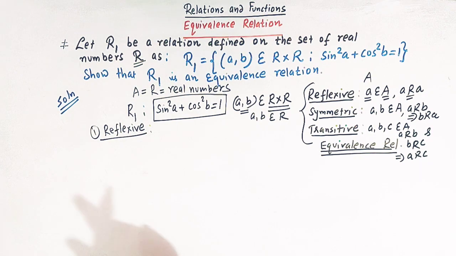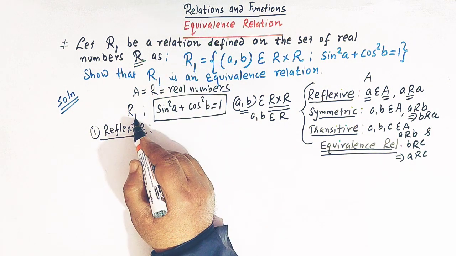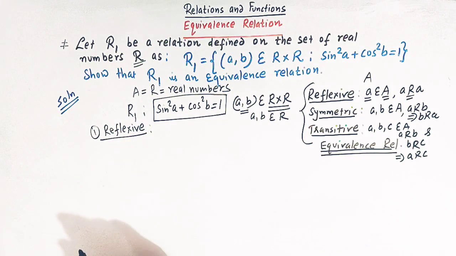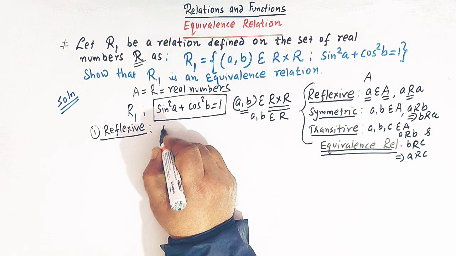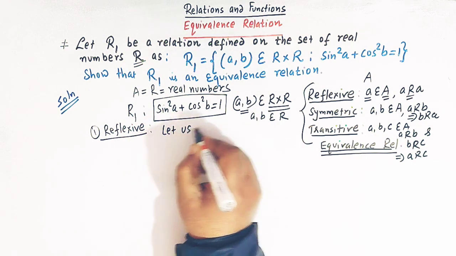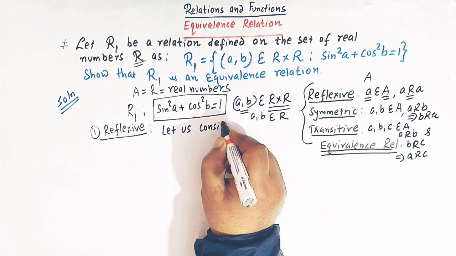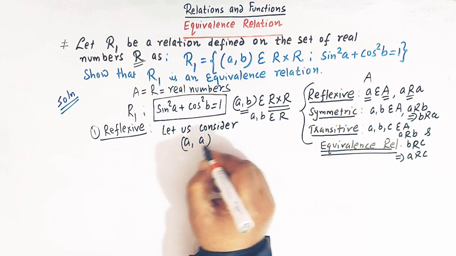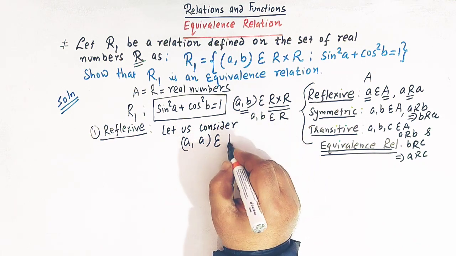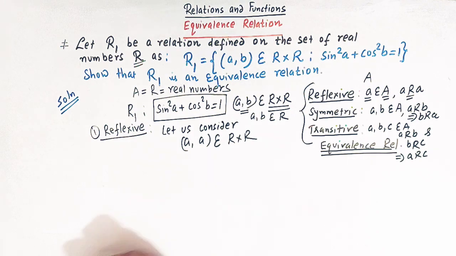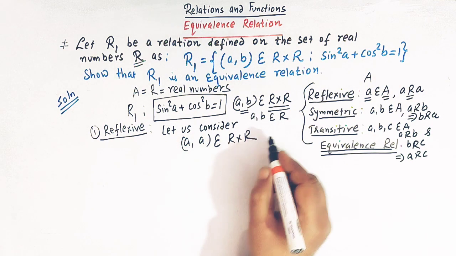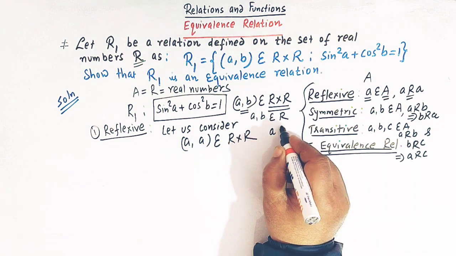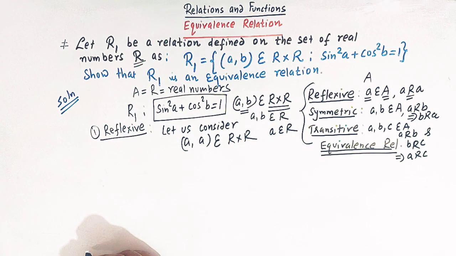So let us first see whether this relation R1 is reflexive or not, right? So let us consider the ordered pair (A, A) belonging to R cross R, right? Here this element A belongs to the set of real numbers.